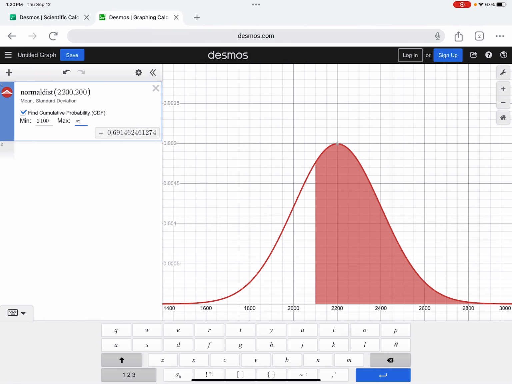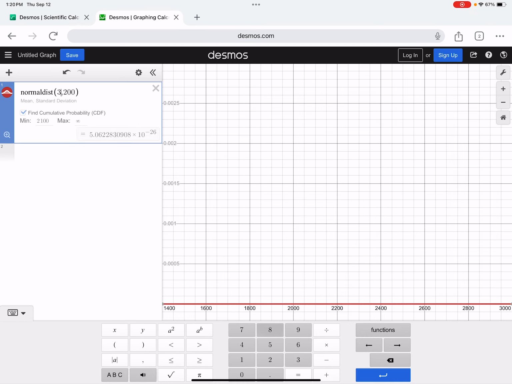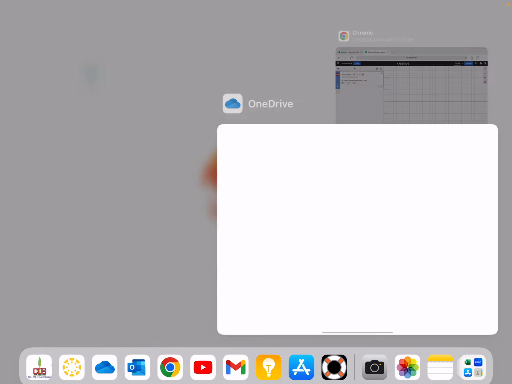38.72 and 3.17. And what value were we looking for? 35, was it?